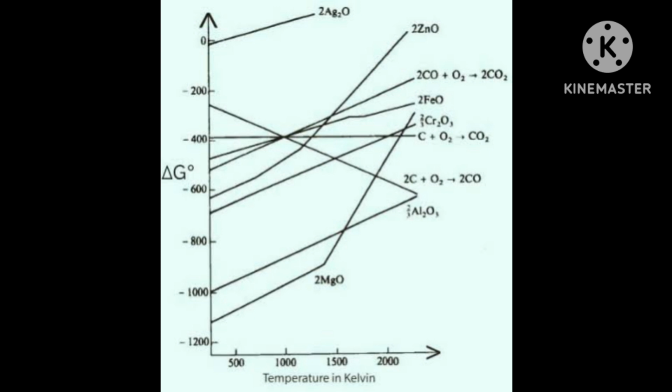Here what you have to understand is that two reactions are there. If you want metal from the metal oxide, then the role of the reducing agent will come.